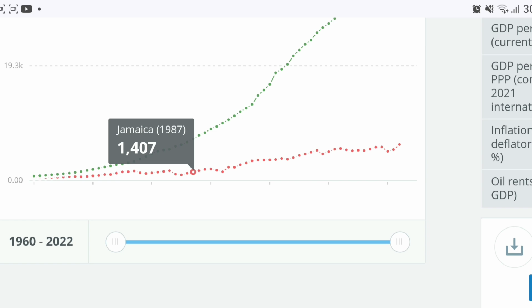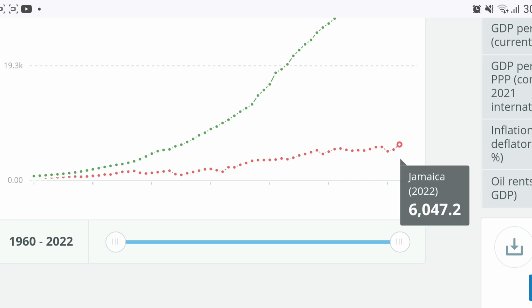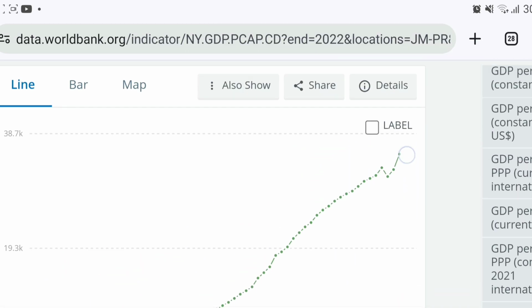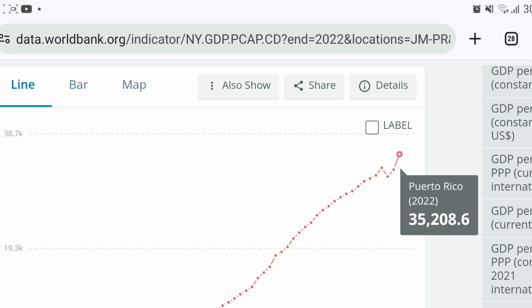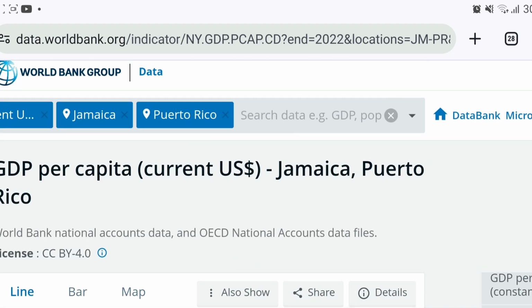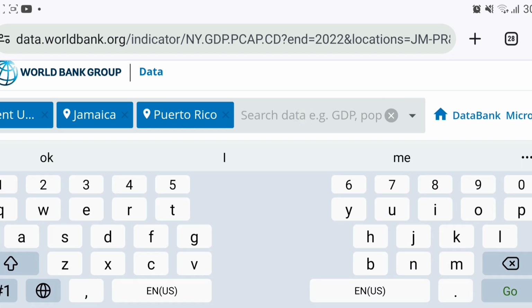Jamaica went down as low as 1,004 during that period. And as you can see, Jamaica, all the way to 2022, is still at 6,447. Now look at Puerto Rico up there, 35,000. And you can add any country you want. Let us look at Cuba.